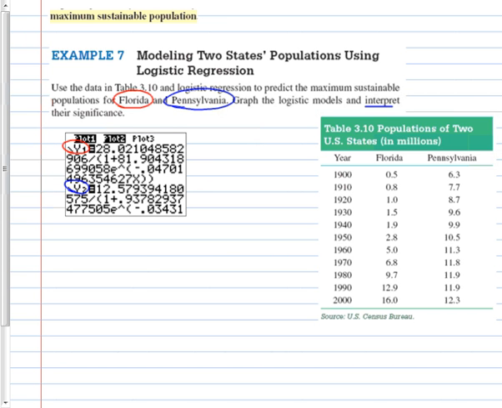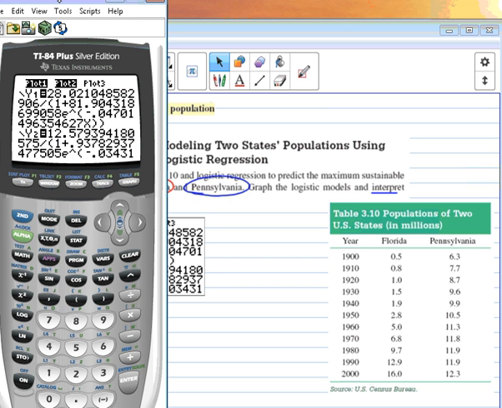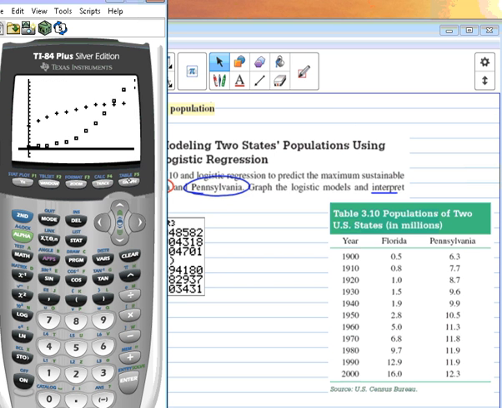And the C value, or the top value, what does that C value stand for? The limit to growth. Now if I go back to my calculator and hit graph, it has those entered in, so there we go. There go my 2 lines, fitting my 2 sets of data.